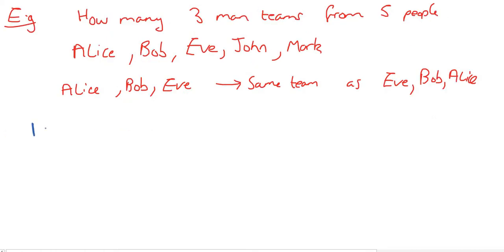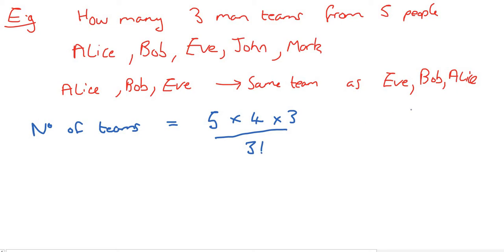So this time, number of teams? Well, in our first position, we're going to have 5 choices. In our second position, we're going to have 4. And in our third position, we're going to have 3. But what we need to do is divide by 3 factorial, because there's 6 different ways of arranging these, as there are 6 arrangements for each team.